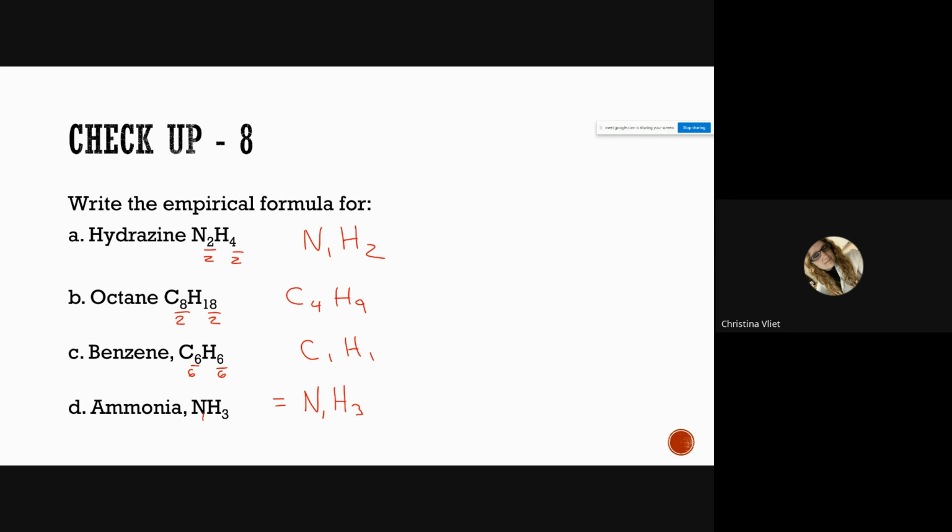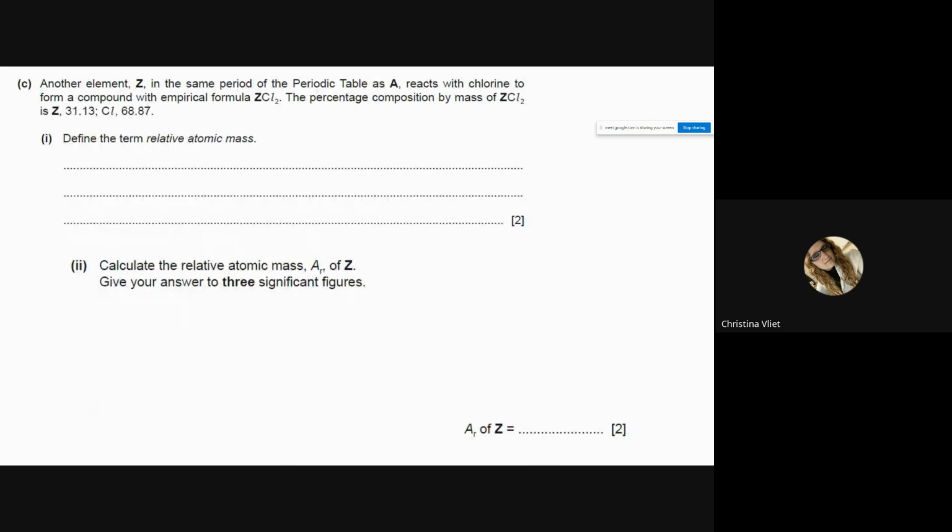The reason why you wouldn't be asked to predict the empirical formula for an ionic compound is because you can always predict the formula for an ionic compound from the charges, whereas covalent compounds can combine in a plethora of ways. For example, C4H4 is a thing. C6H6 is a thing. There are multiple compounds that can have the same empirical formula with covalent compounds, but not with ionic compounds. So that's why you'll mostly be asked this for covalent compounds.